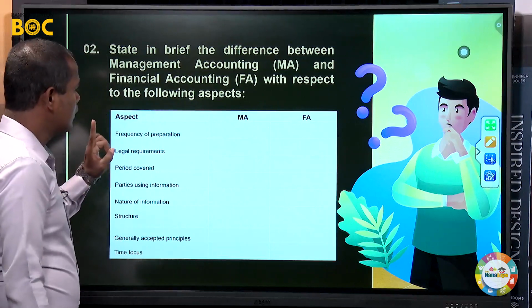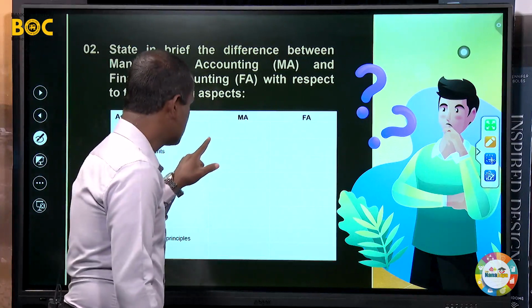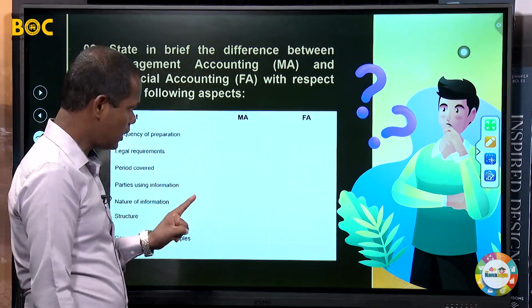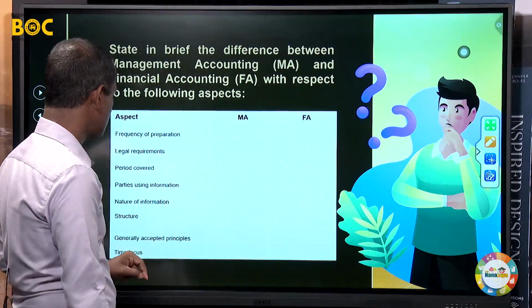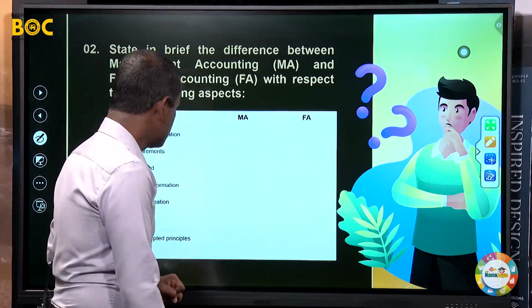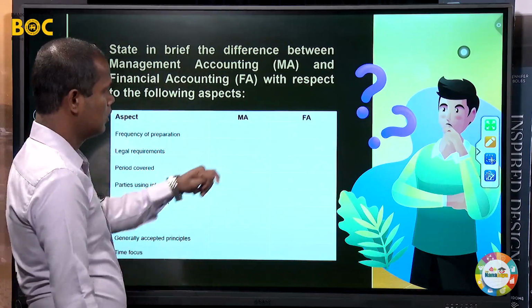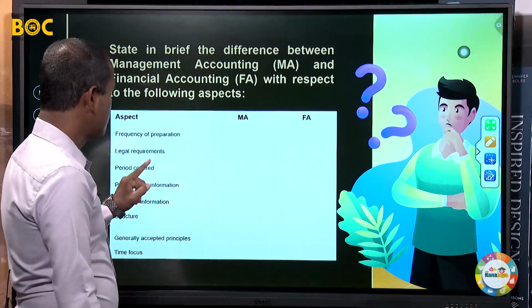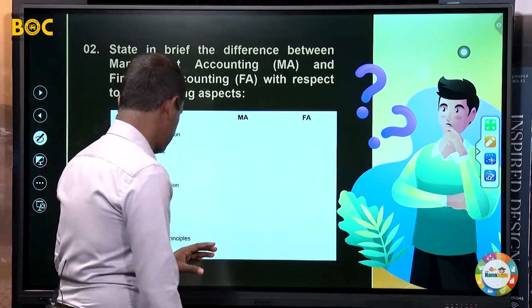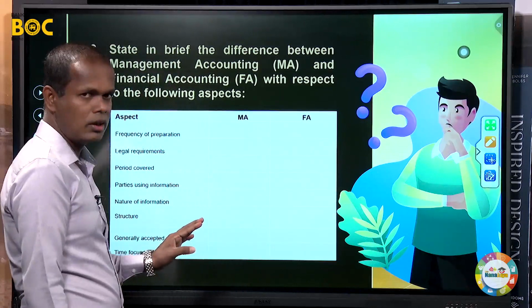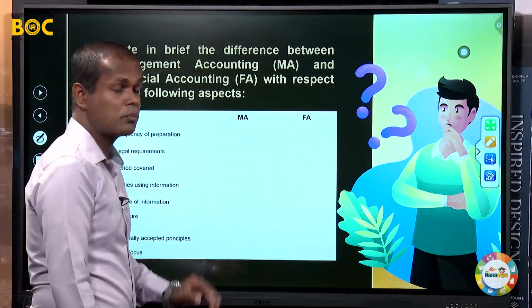Again, frequency of preparation: management accounting is on demand, financial accounting is frequent reporting. Legal requirement: not applicable, applicable. Period covered: there is no specific time period for management accounting, but financial accounting has a specific time period.